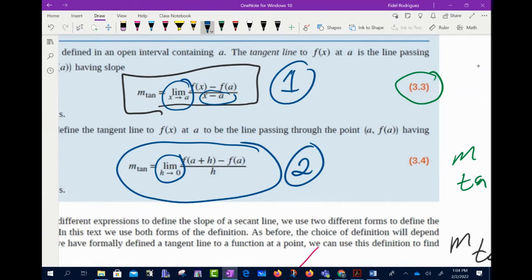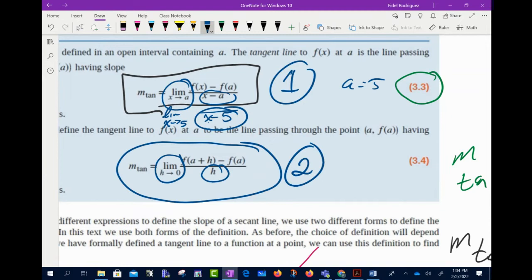So like if I'm going to make this up, suppose a was 5, right? So I have a 5 here, and I'm taking the limit as x approaches 5. Look at the denominator. Wouldn't that part be going towards 0? Right? Because as x approaches 5, 5 minus 5 is going to be getting closer to 0.